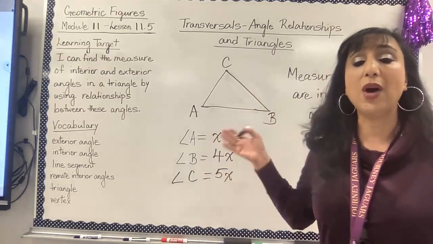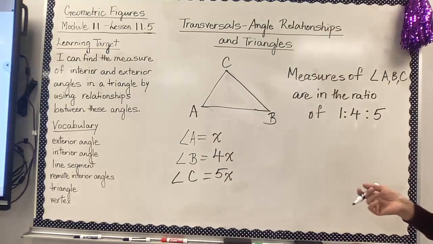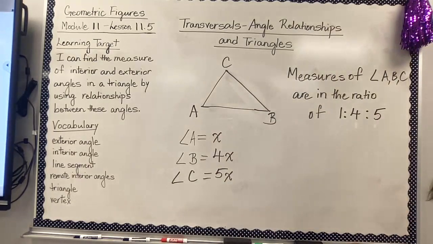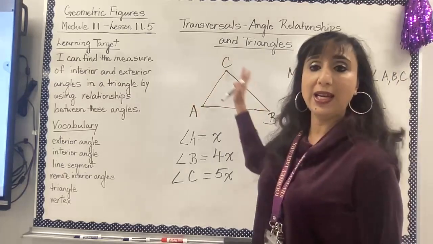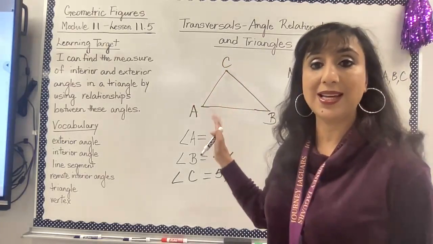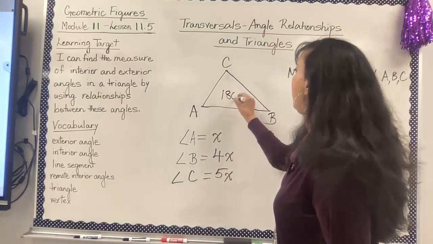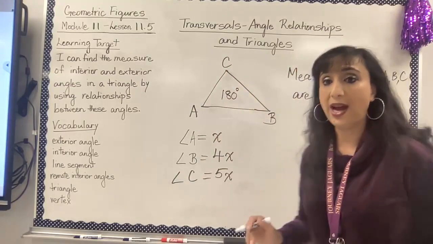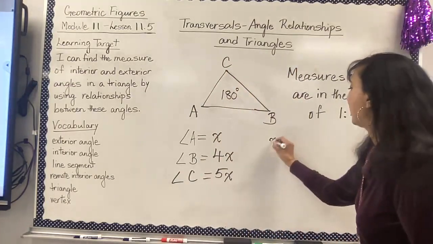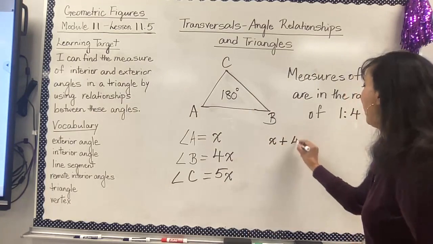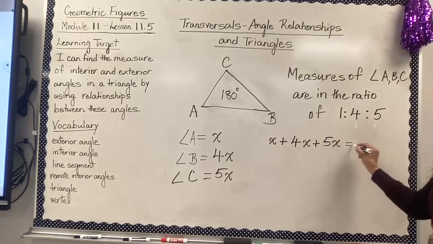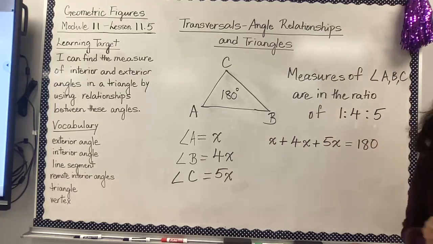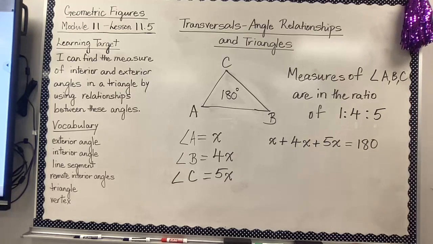Okay, and so once I have this set up, I can write an equation and then solve it, because I know that the sum of the internal angles is going to be how much? 180 degrees total, right? So I'm going to do x plus 4x plus 5x is going to give me 180 degrees. So I'm going to write out my equation like this, and then I'm going to solve it.